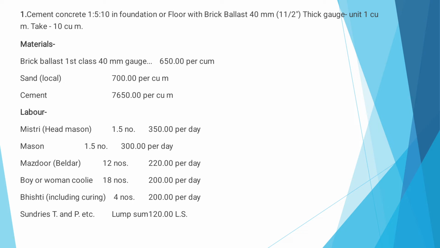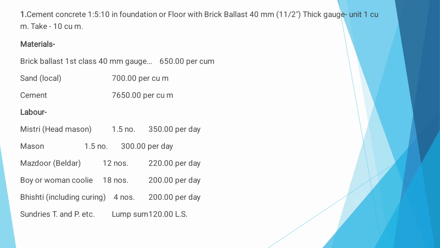Then next one is labor. Masonry: head mason, 1.5 numbers, rate per day 350 rupees. Then mason also 1.5 numbers, 300 rupees per day. Then Mazdoor, helper, 12 numbers, 220 rupees per day.